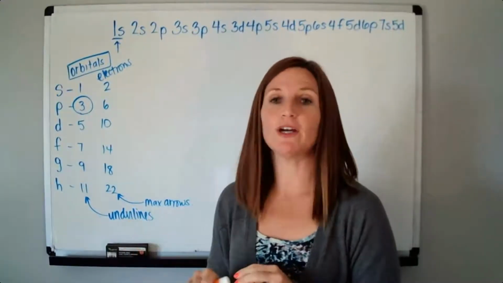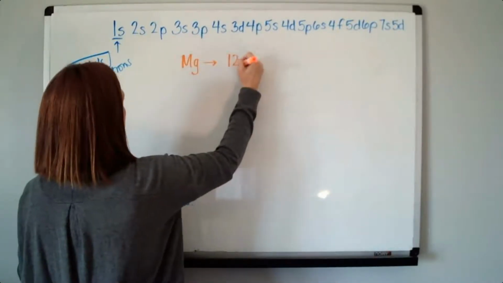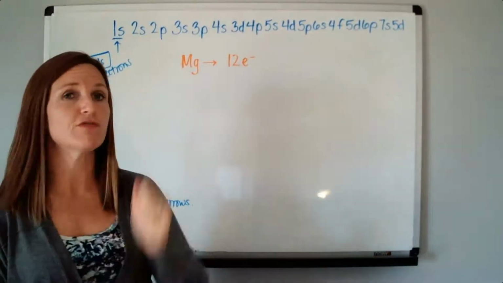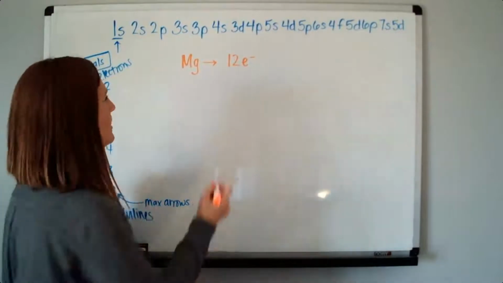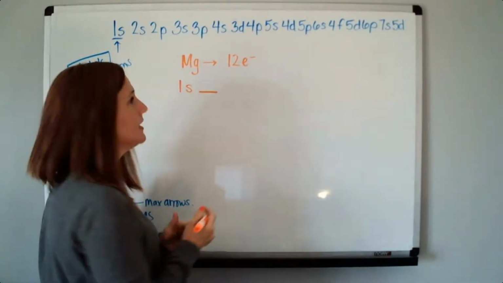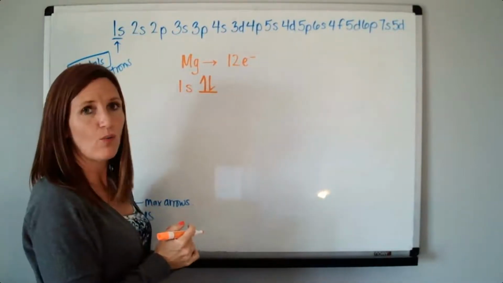This time we're going to look at magnesium. Magnesium, Mg, has 12 electrons. Make sure you can find that on the periodic table. The first orbital that fills is going to be 1s. And because it's an s, I'm going to put 1 underline, and then I'm going to put the 2 electrons in that would fill 1s.